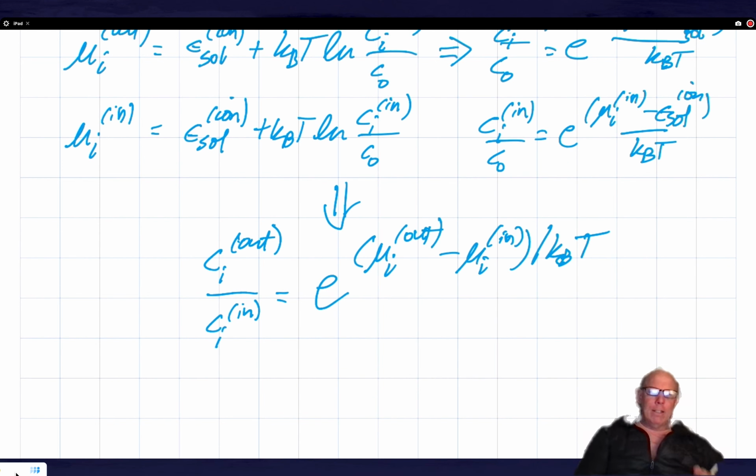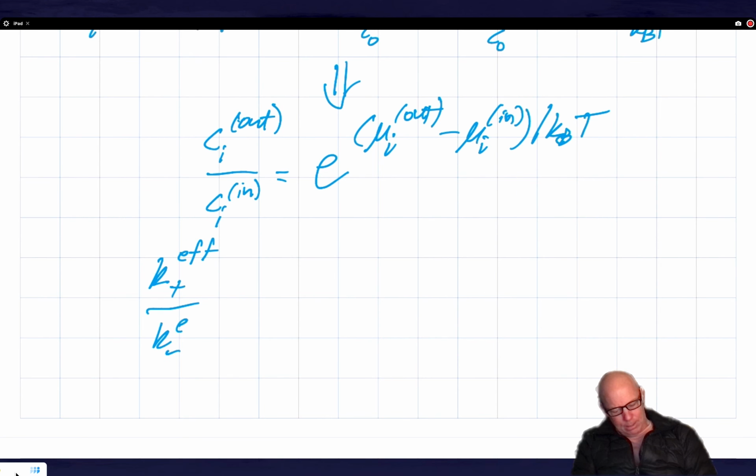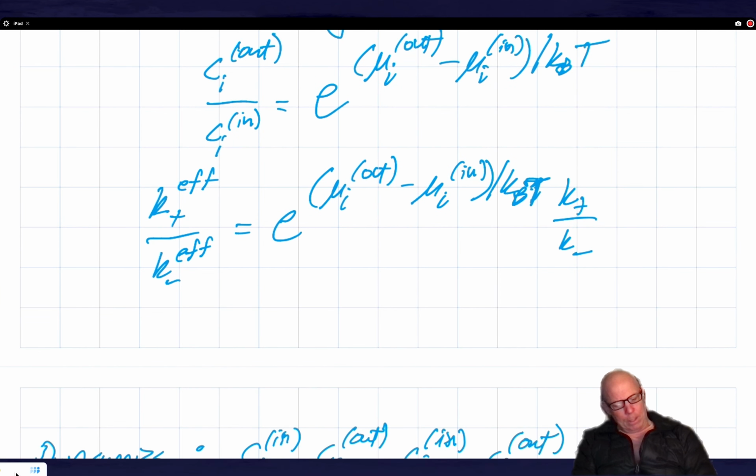And that is essentially my message, because what we found is that k plus effective over k minus effective was equal to exactly this quantity, mu_I out minus mu_I in up in this exponential, and then times k plus over k minus. So this is the broken detailed balance factor.